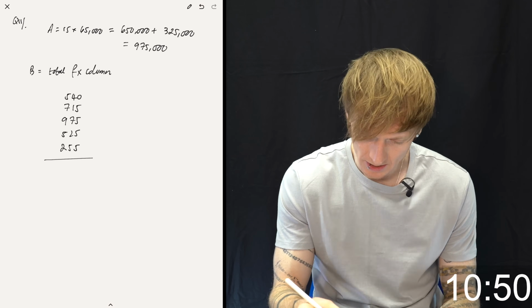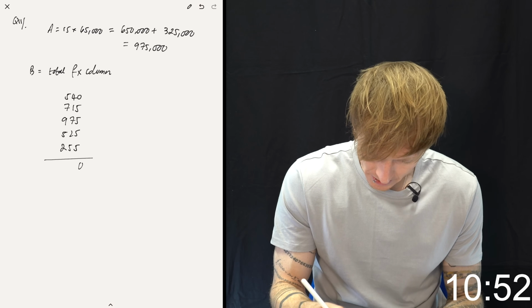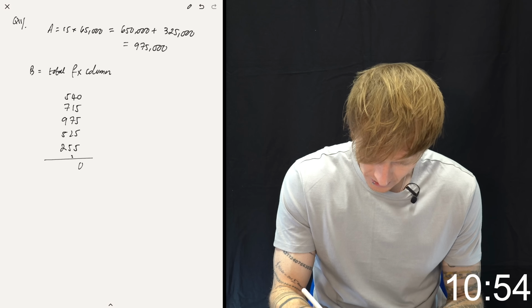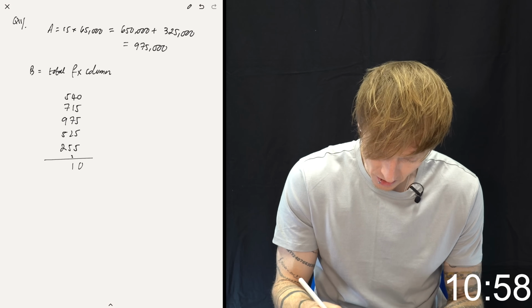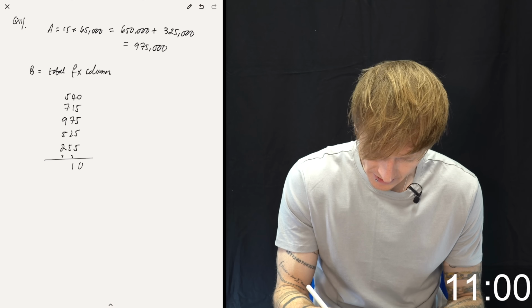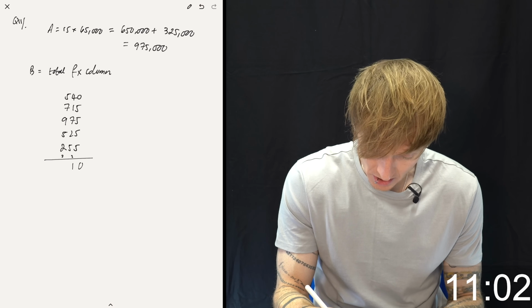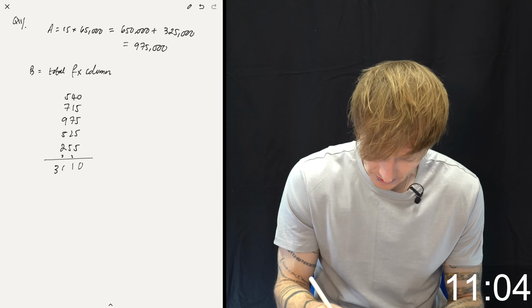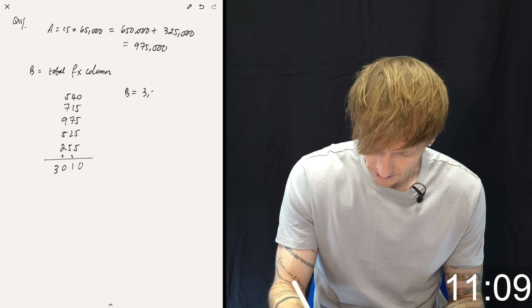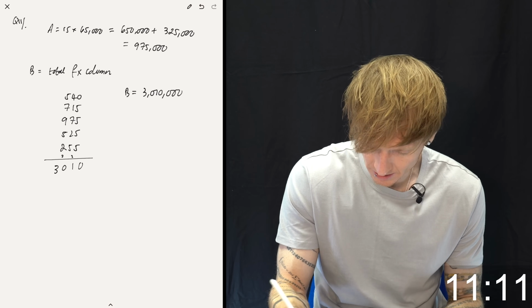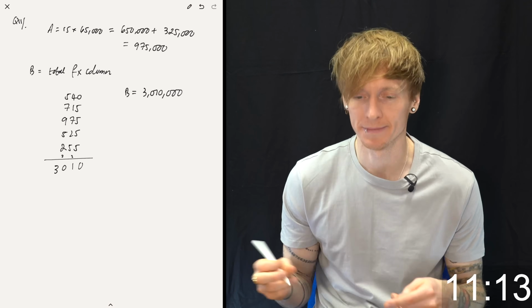Right, so adding those up, I get a 0, and I'm going to carry a 2, 4, 5, 12, 13, 14, 19, a 1, and carry a 2 again, 5, 7, 12, 21, 28, 30. So I think it's 3,010,000, I think, for B.